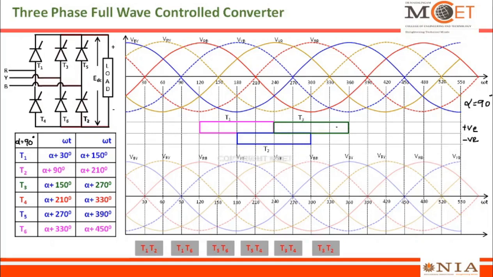T3 starts at 240 and ends at 360. T4 starts at 300 and ends at 420. T5 starts at 360 and ends at 480. And T6 starts at 420 and ends at 540, and it goes on. After T6, again T1 will come into picture.